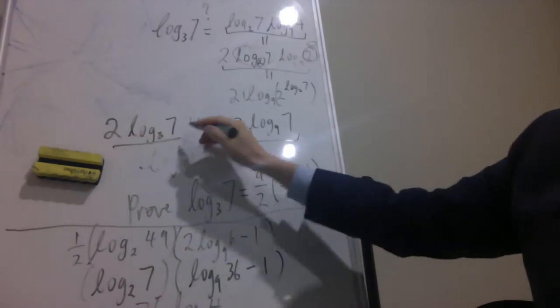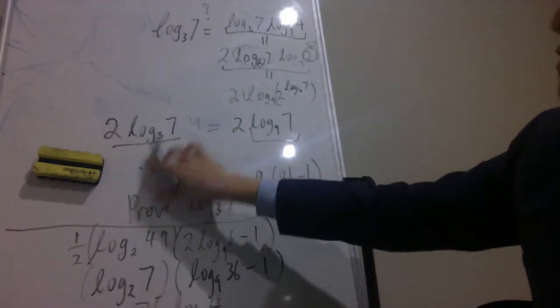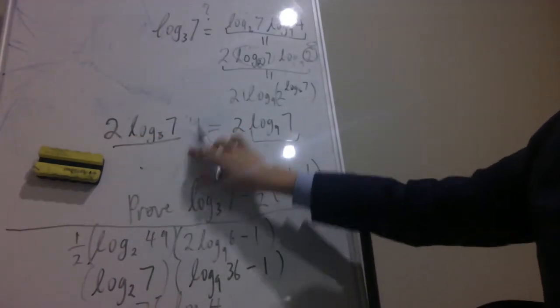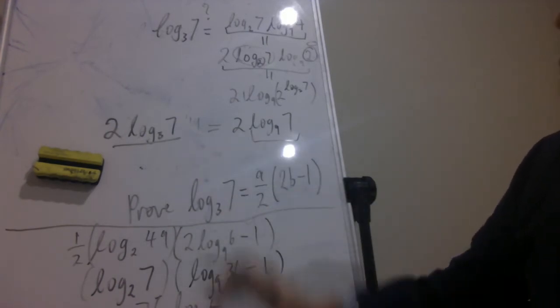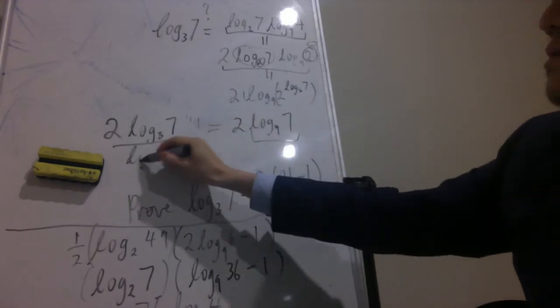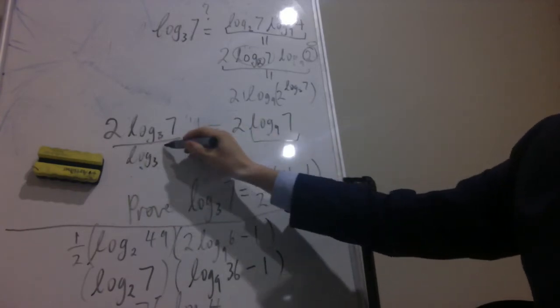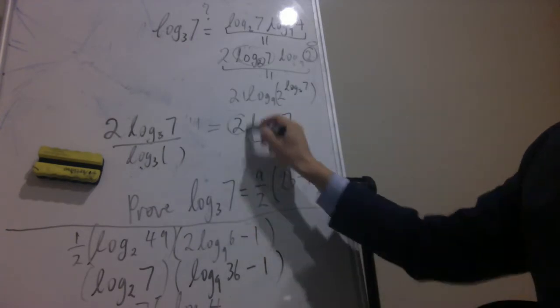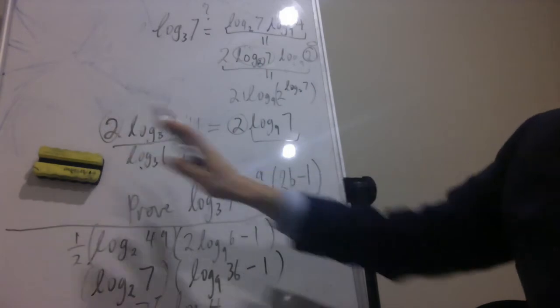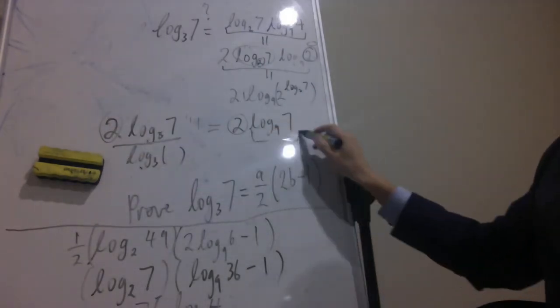Divided by... Changing to log base 3, right? So it's log base 3. So the 2 is not changed, right? Yeah. We just leave it outside. We're changing this to log base 3.